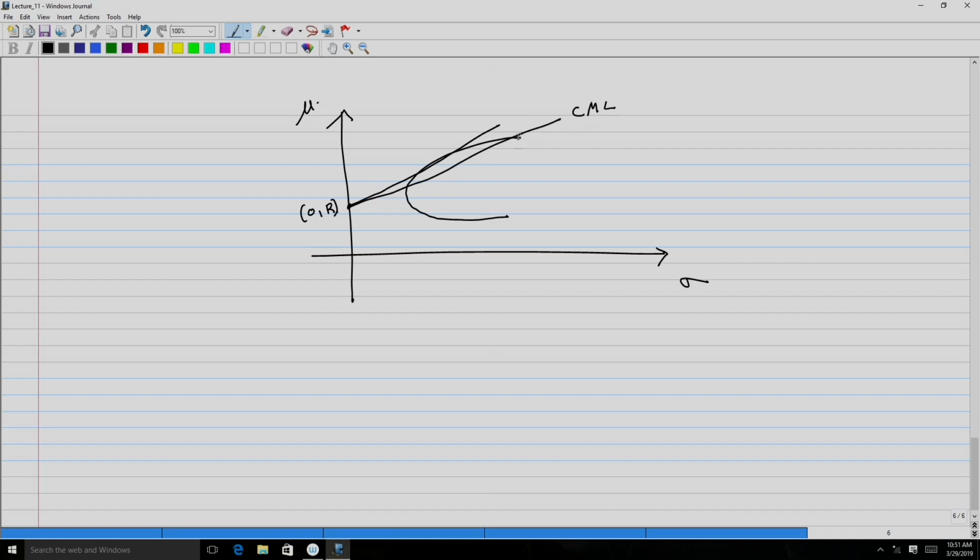So, here the CML intersects the hyperbola at the point sigma m mu m, and this is the portfolio sigma v mu v.